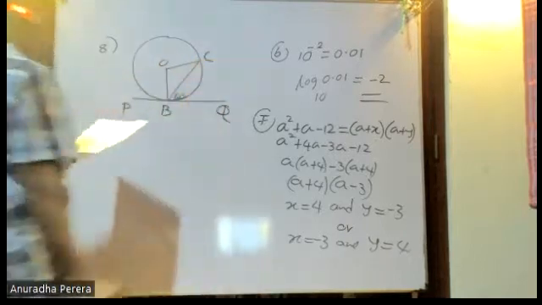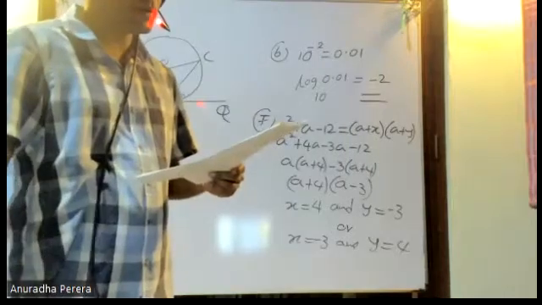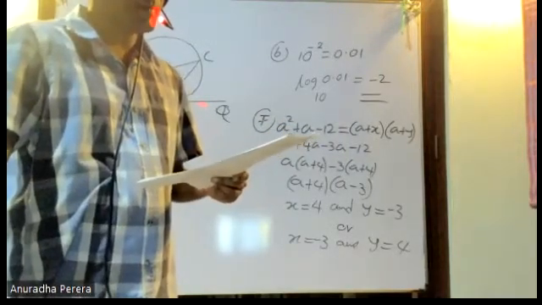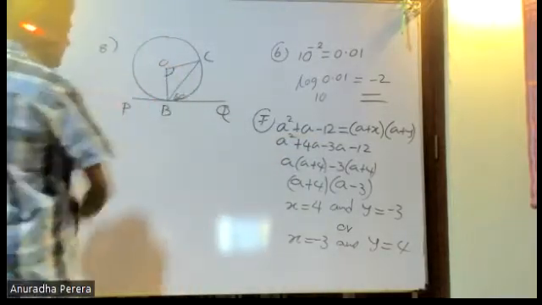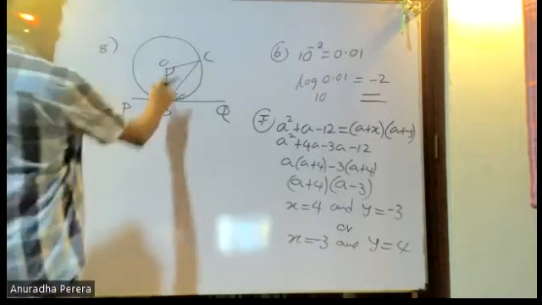PQ is a tangent drawn at the point P to a circle with center O in the figure. Determine the magnitude of BOC. We need this angle, right? Then we can determine OBC.